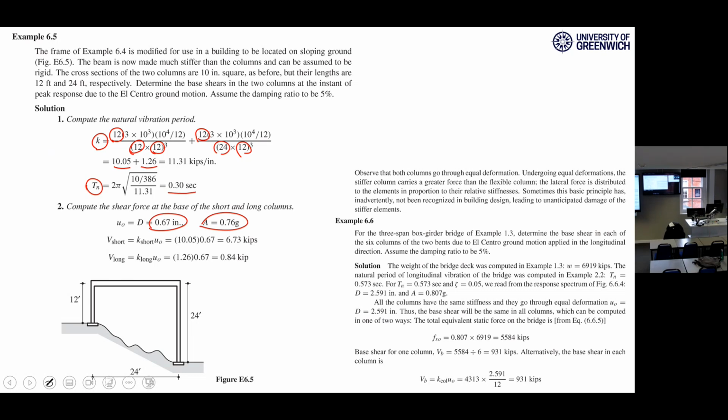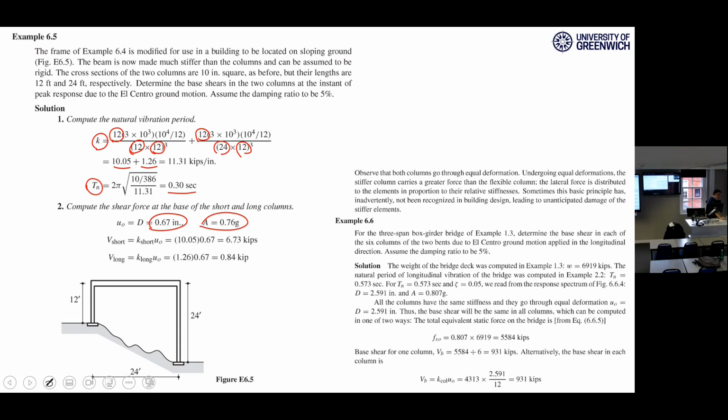You know why we are coming up with relatively the same thing? Because the only difference between this example and the previous one is this column, and this column is not so stiff as to contribute too much to the stiffness. It's a very small number, so everything is more or less the same as the previous case, although you have a longer column here. That's why the natural frequency stays more or less the same. Whatever we read from the Excel file stays almost the same.